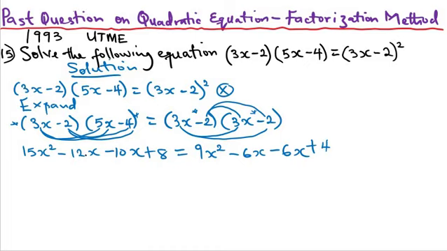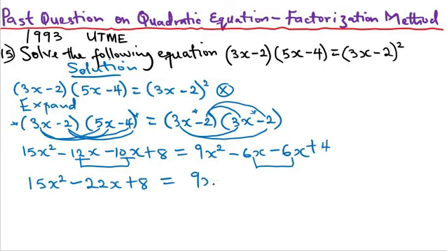So we have to bring together what is common. It says 15x². Now we have minus 12x minus 10x gives me minus 22x plus 8, equal to 9x².